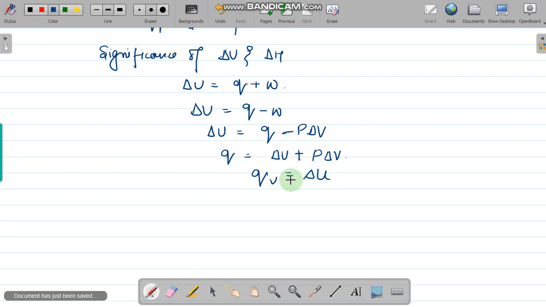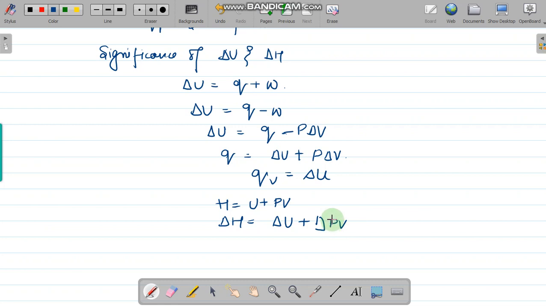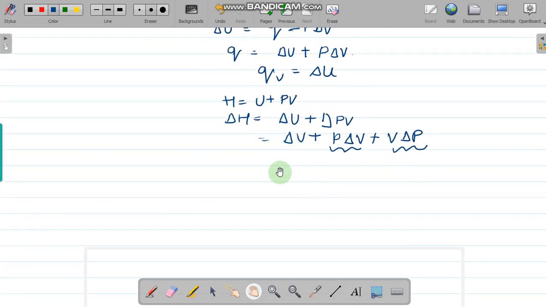Now, if H is equal to U plus PV, then delta H is equal to delta U plus delta PV. So delta U plus P delta V plus V delta P. We have taken the pressure as constant, and at constant pressure delta P is equal to 0.